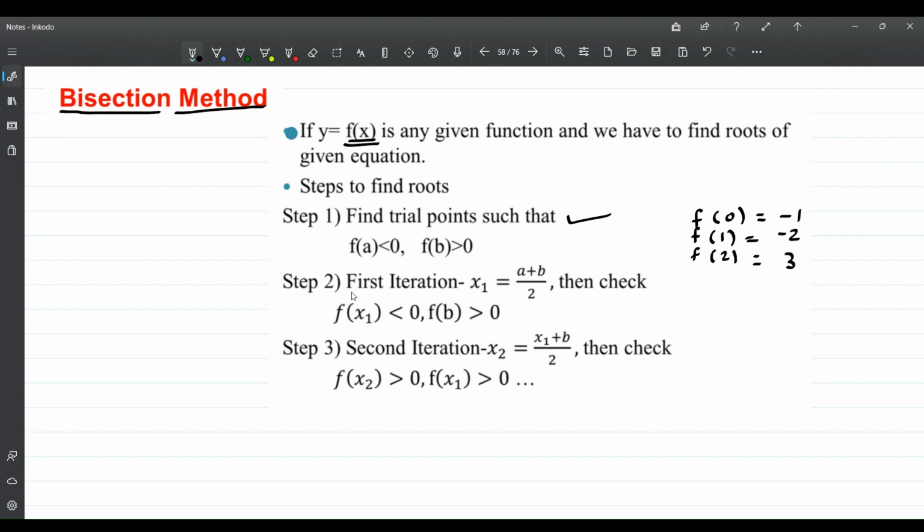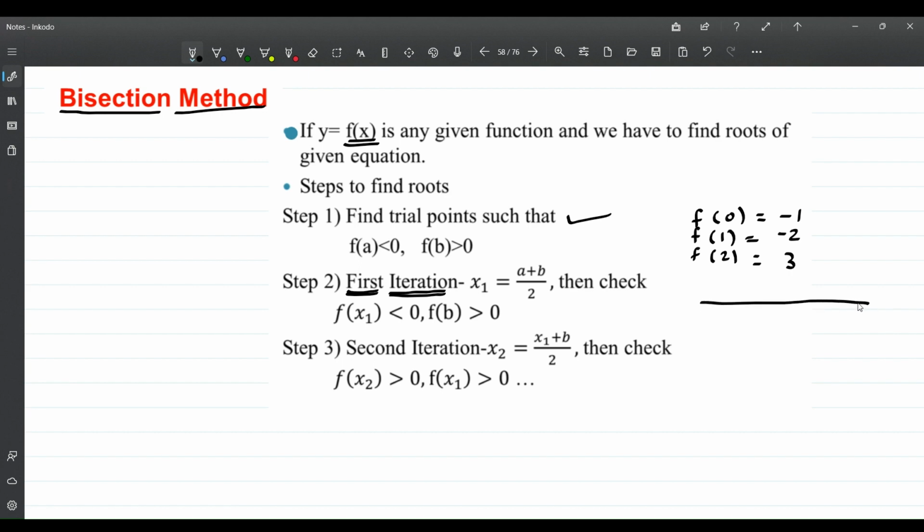Then the next step is the first iteration. In the first iteration we have to find x1, and the formula for x1 is the addition of the two trial points divided by 2. As this is the bisection method, bisect means the point which divides into two equal parts.